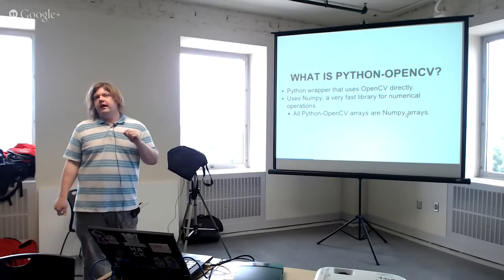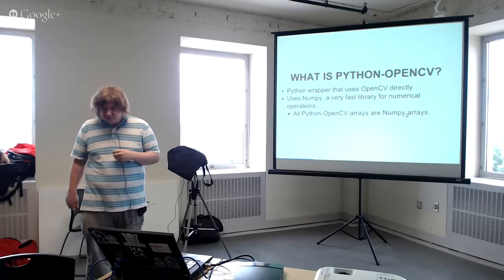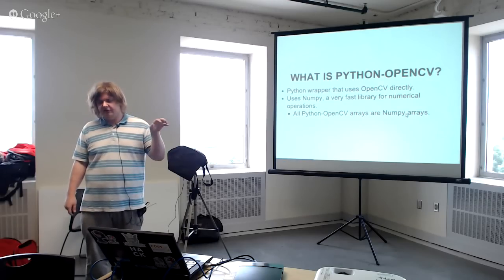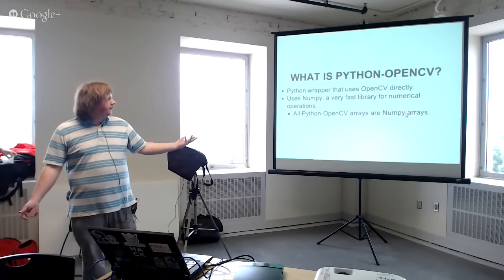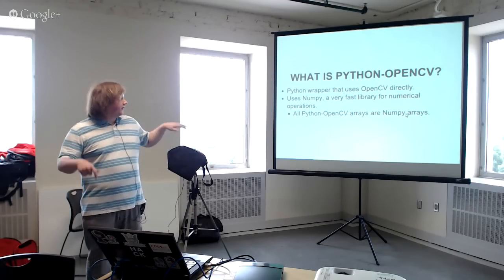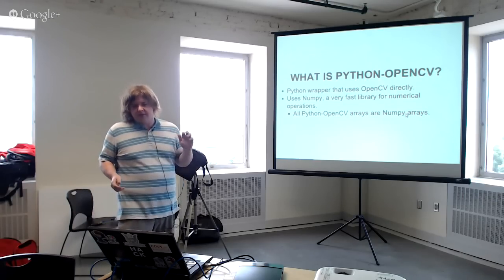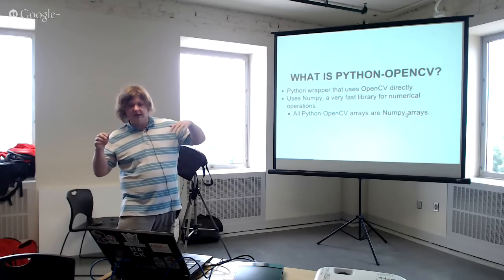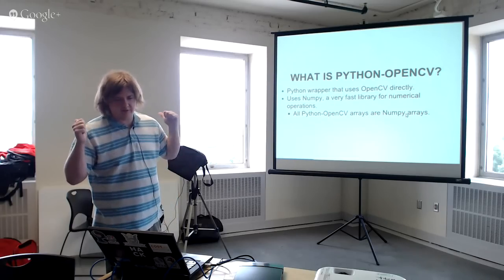It has its own implementation for arrays that are much faster to work with than the standard native arrays. And as luck would have it, all the arrays in OpenCV are NumPy arrays. So you get the benefit of working at a lower level with a higher level language, which is really nice because that means stuff is easy.